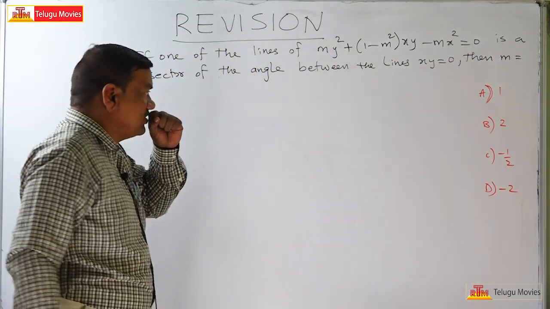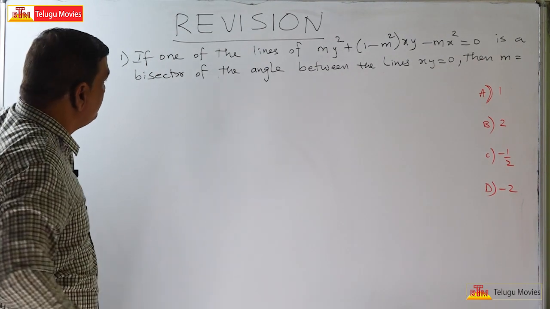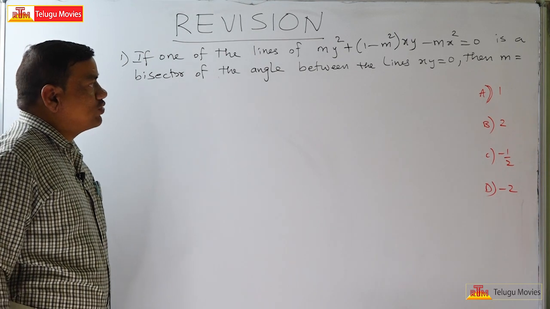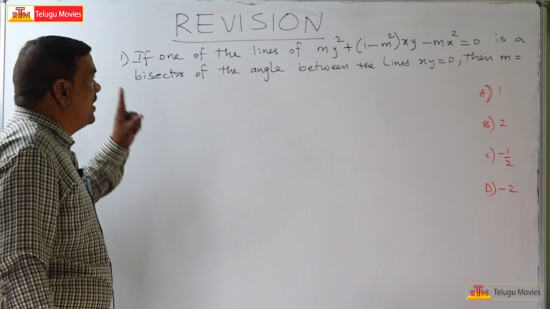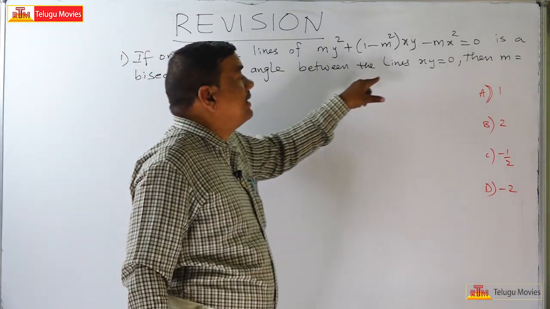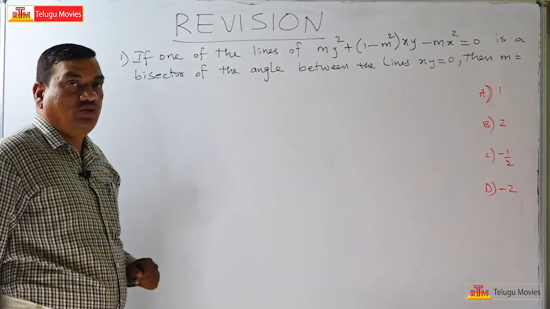In this first problem: if one of the lines my square plus 1 minus m square xy minus mx square is equal to 0 is a bisector of the angle between the lines xy is equal to 0, then m is equal to?